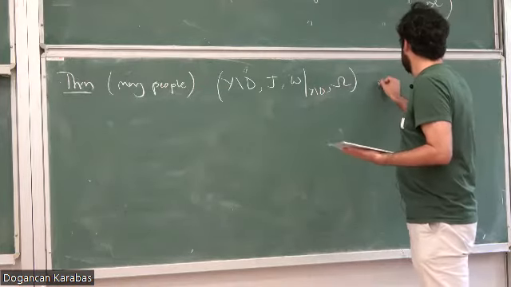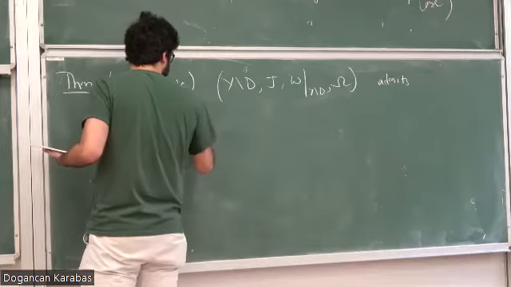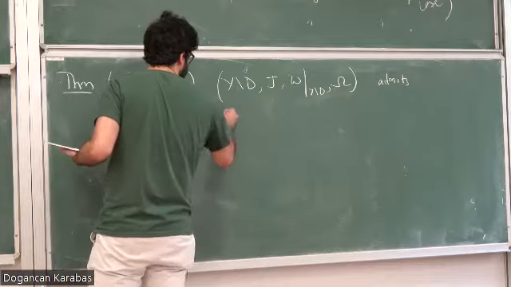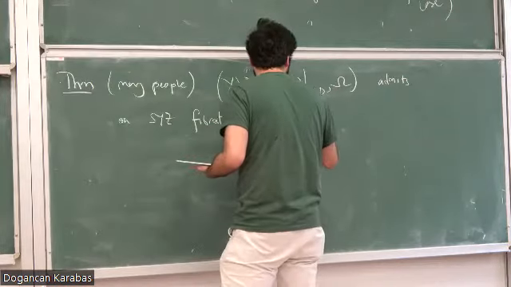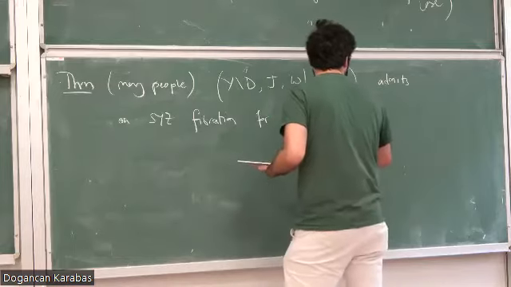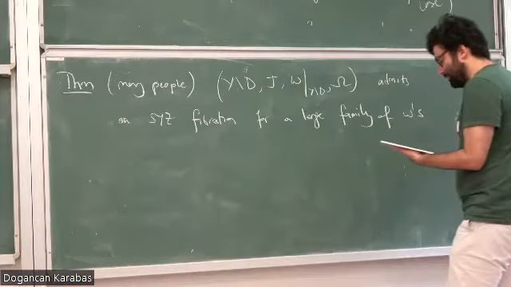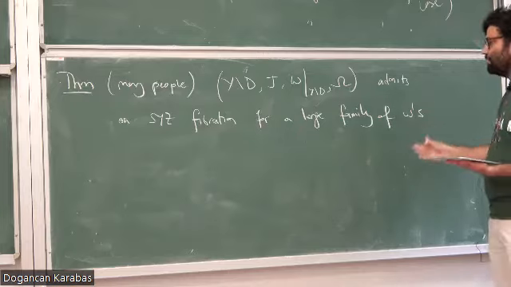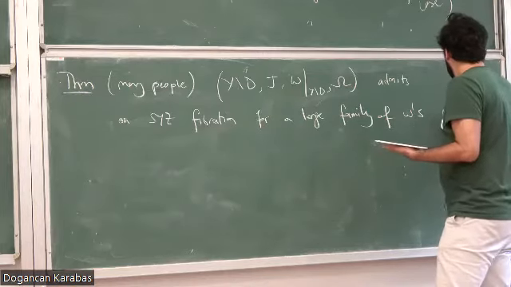Okay, so this admits an SYZ fibration for, I will say, for a large family of omegas. This might actually cover all Kähler classes, but I don't want to say something very precise about this on Y.